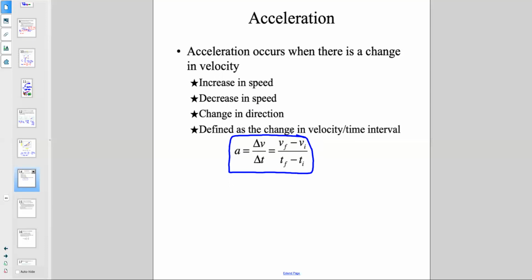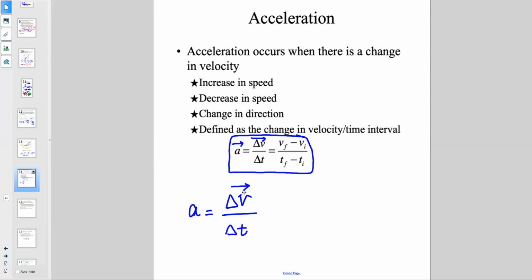Okay, and remember, they are all vectors, so I have to have a vector on top of each one of them. So acceleration is delta v over delta t. Acceleration is change of the velocity, delta v, over the change of time. You know, V is a vector. Velocity is a vector.